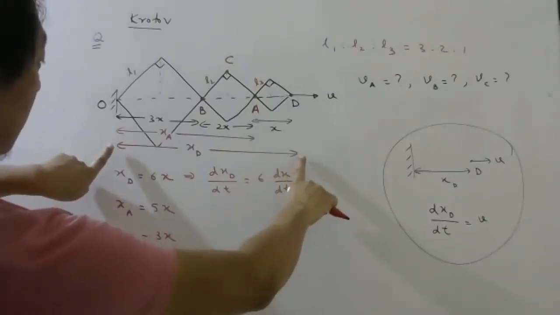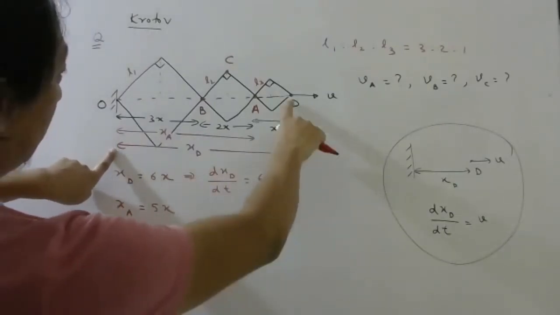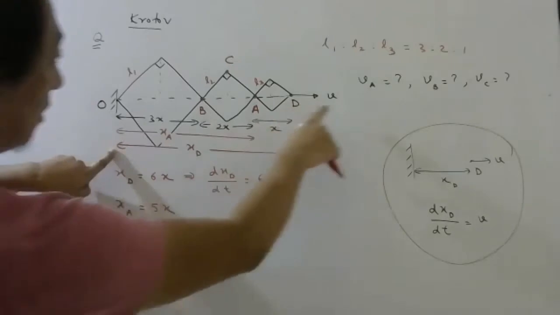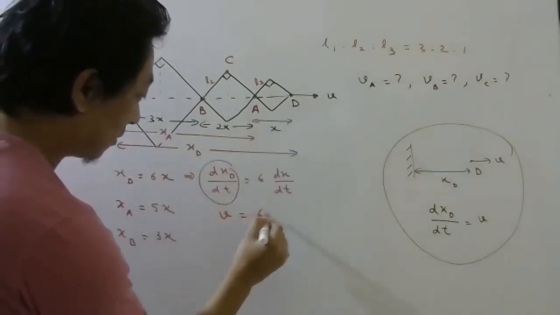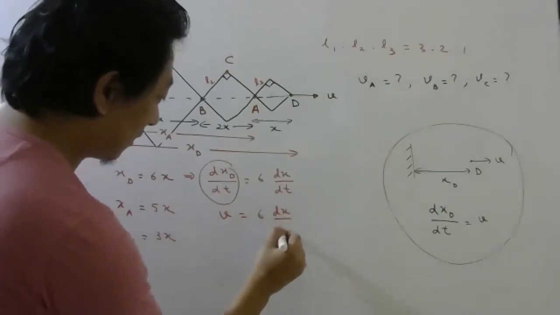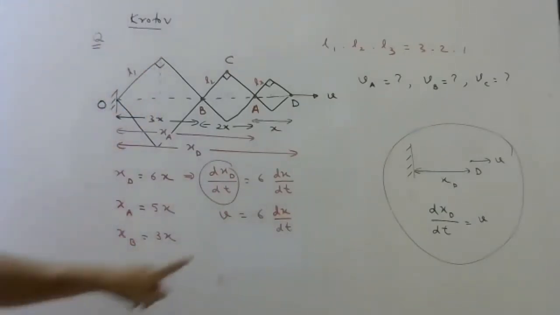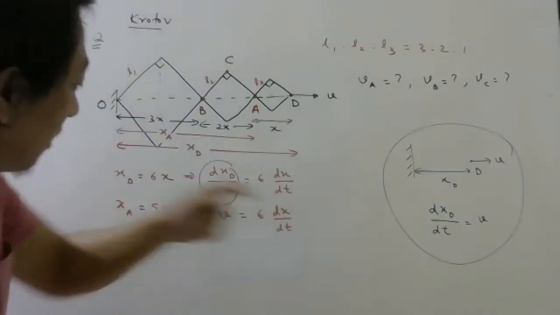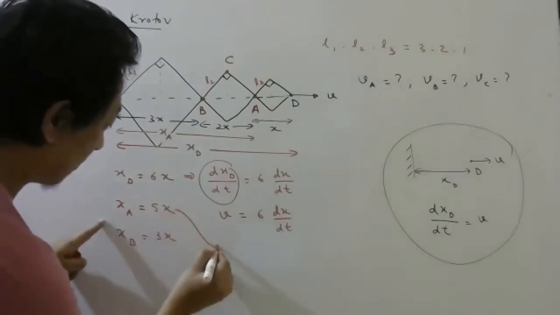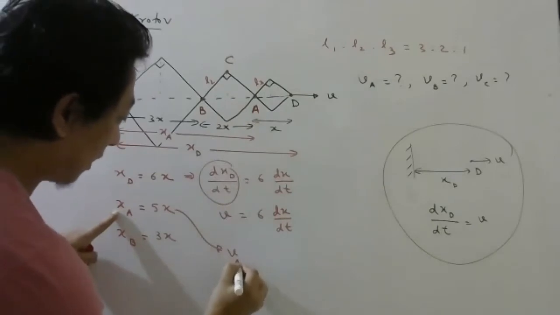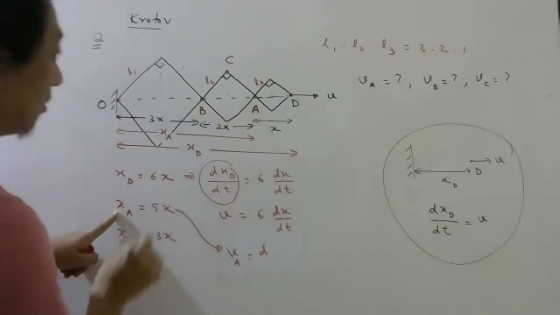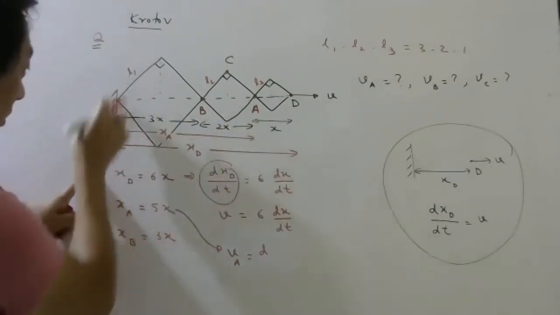Right? Okay. Now if you differentiate this, dxD by dt, you will get 6 into dx by dt. But the rate of change of the distance of point D from the origin is this v itself. So this is v. So v we have written in terms of dx by dt. So now use this. VA they asked. VA means the rate of change of this distance from the origin.